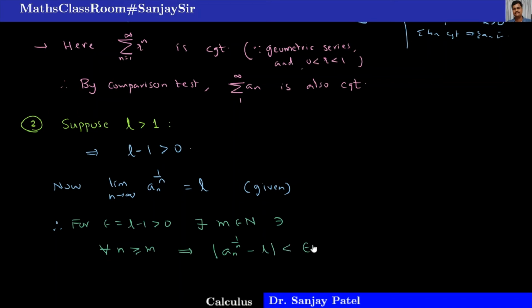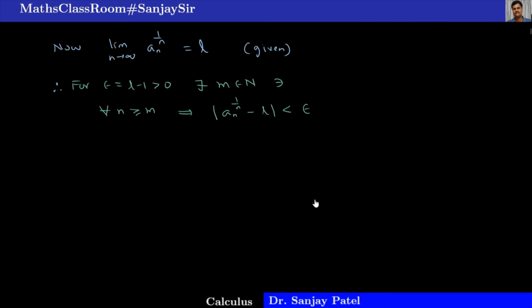Okay. So that gives us, if we remove this modulus, we can rewrite this as L minus epsilon less than a_n raised to 1 upon n less than L plus epsilon.